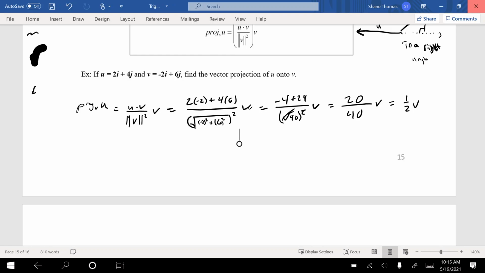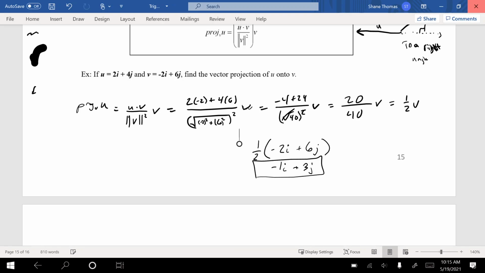Now I'm bringing V back in, and 1/2 is just my scalar. Okay, so I have to take 1/2 times V. V was -2I plus 6J. Just distribute that 1/2 through. So I get -1I plus 3J.